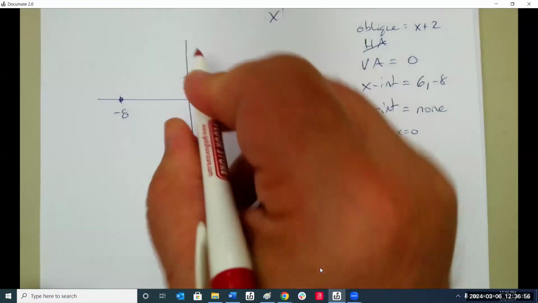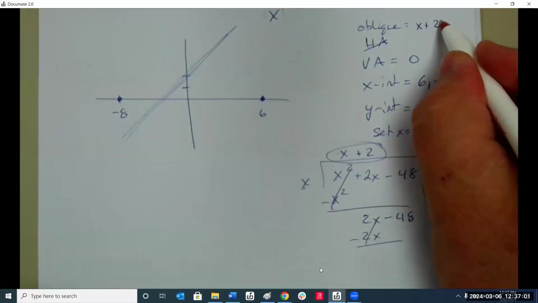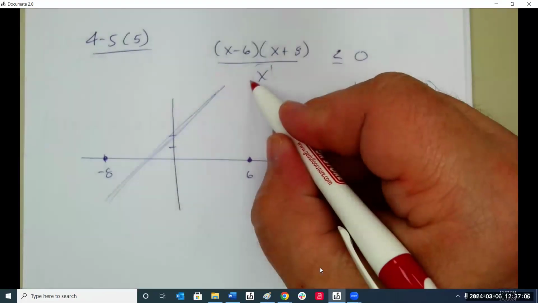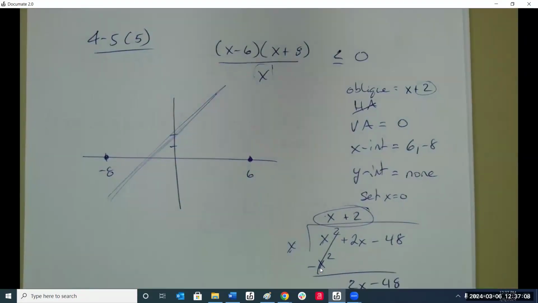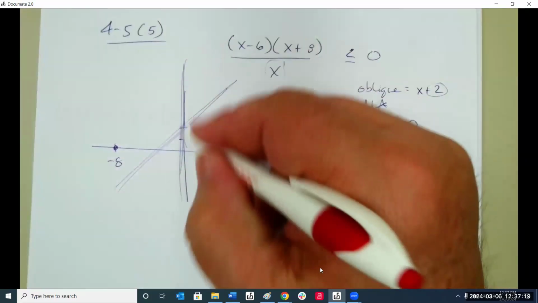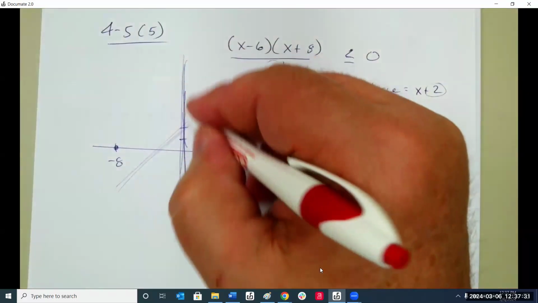So the y-intercept is 2, and the graph is x. So in other words, it crosses through here, but it shifts up 2 spaces. And we have our vertical asymptote here. So what's the graph going to look like? Yeah. But we know it can't cross this.